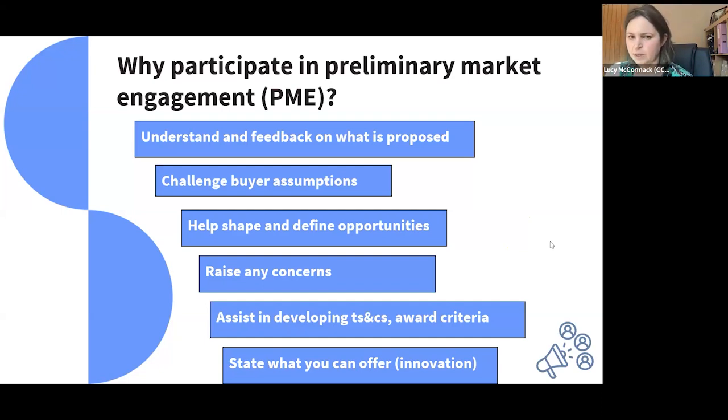In participating in the preliminary market engagement, when you find out about it through the notices, it will enable you to understand and feedback on what's being proposed before the tender is published and you've got no control. You can challenge buyer assumptions, you can shape and define opportunities, raise concerns, assist in developing T's and C's and award criteria.